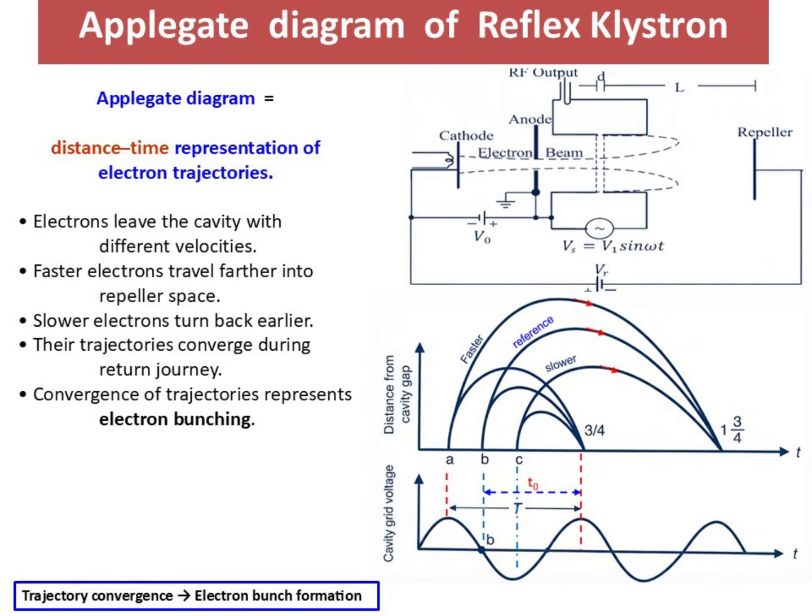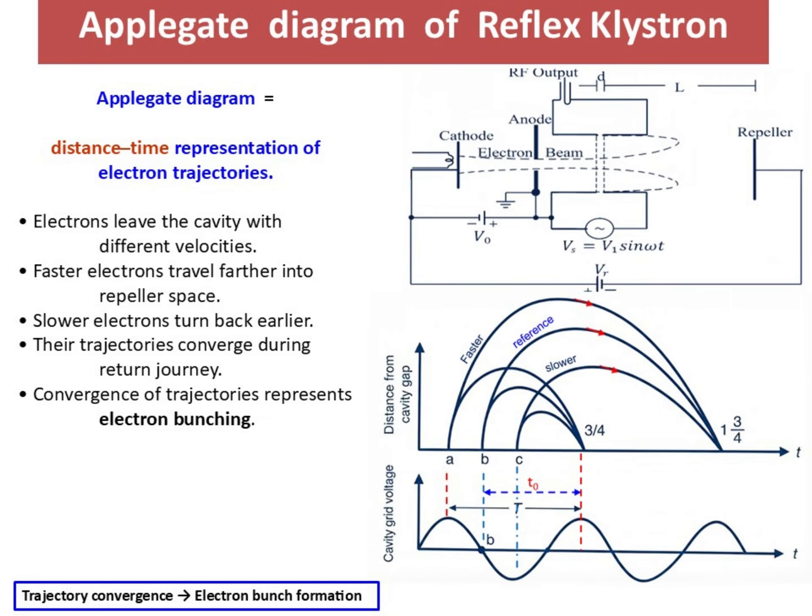Now let us understand the Applegate diagram. The Applegate diagram is a distance versus time representation of electron trajectories. The vertical axis represents the distance of the electron from the cavity gap. The horizontal axis represents time. Electrons leave the cavity with different velocities. The faster electron travels farther into the repeller space before turning back.